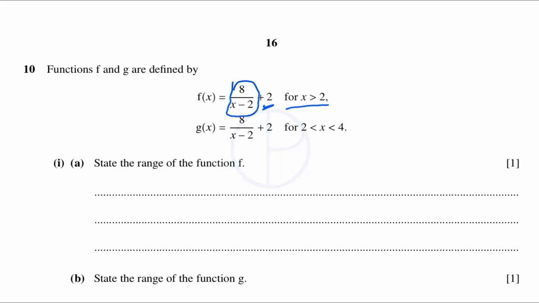So for all the values of x, the fraction 8 over x minus 2 is going to give some positive value, which will be very small because x is in the denominator. So 2 plus some value. So the range of f of x is always greater than 2.